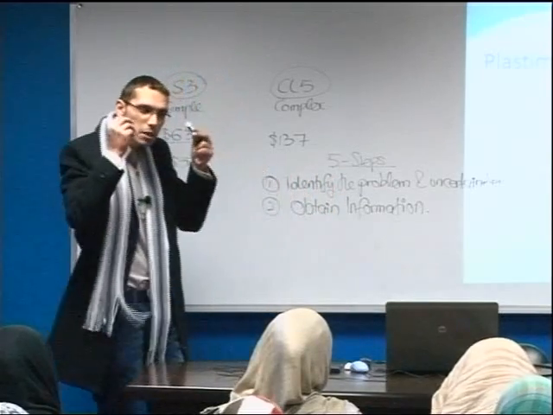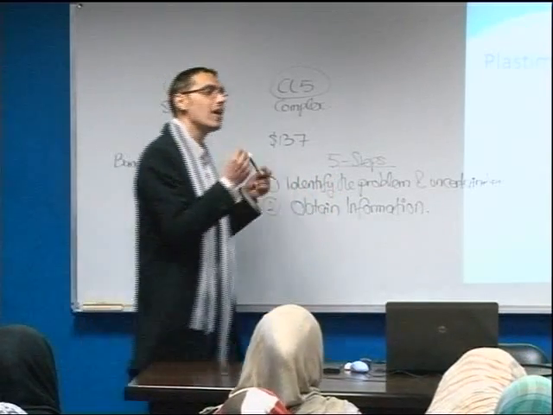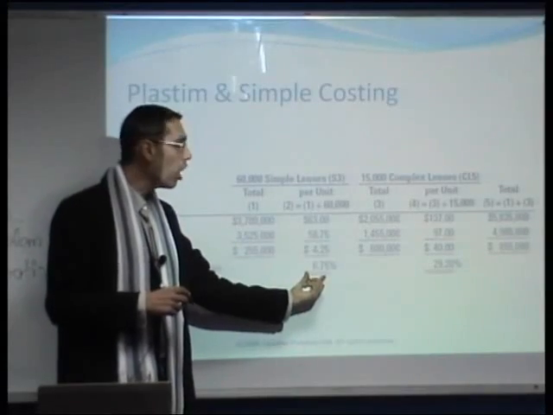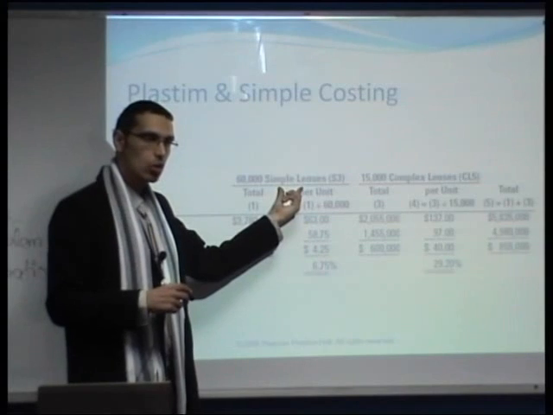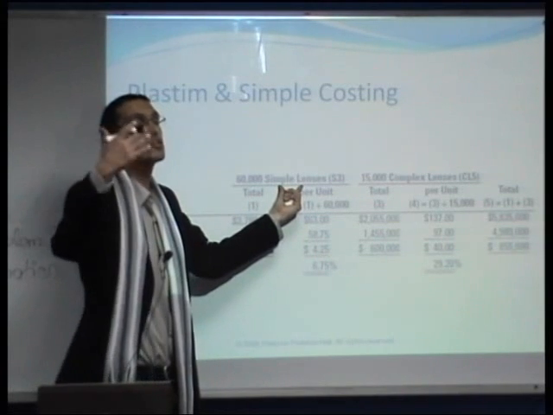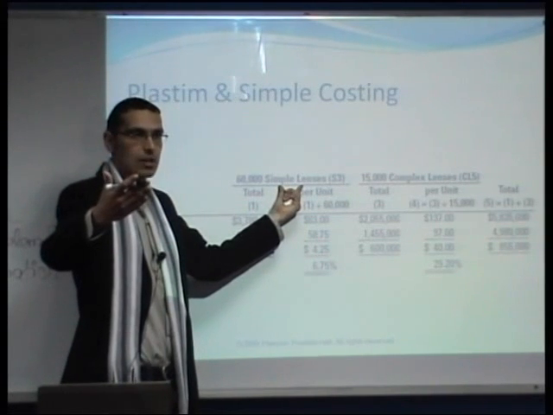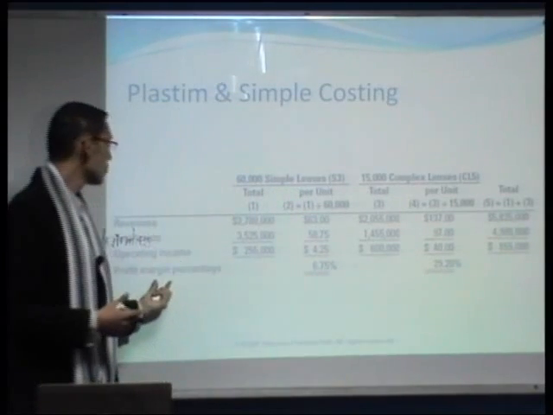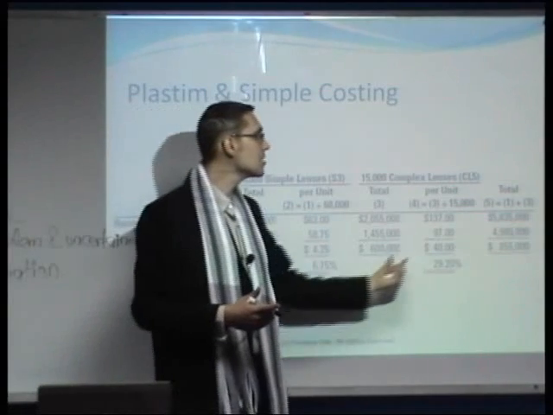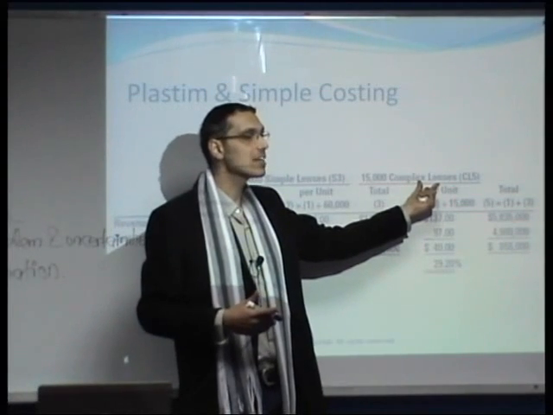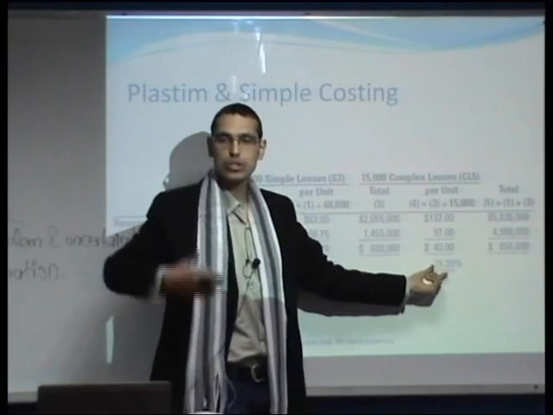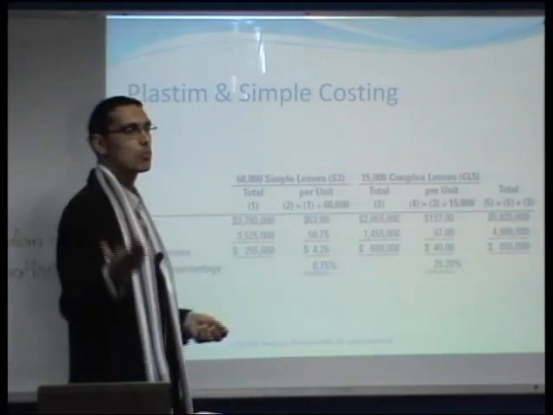Therefore, it would be puzzling to find out that the profit margin of the simple lens, which we have a lot of experience in producing, would be lower than the CL5, which is the complex lens, a newly introduced product in the Plastem Corporation.